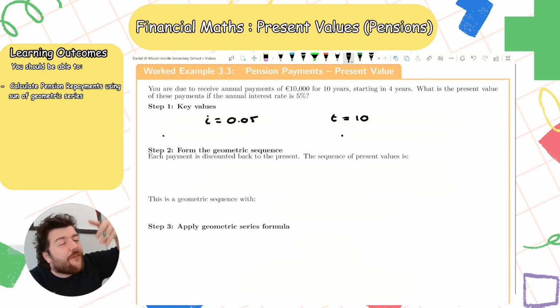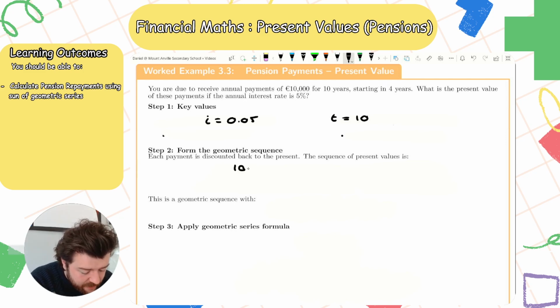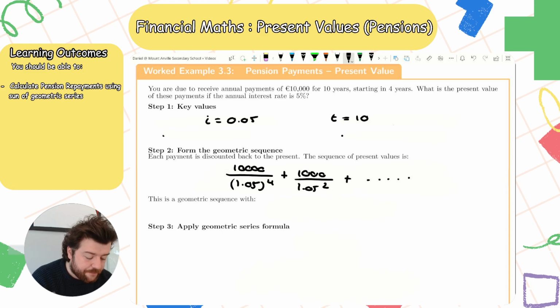Well, I'm not getting it for 4 years. Therefore, the present value of my first payment is 10,000 over 1.05 to the power of 4. My second payment is going to be over 1.05 to the power of 5, sorry, not power of 2.